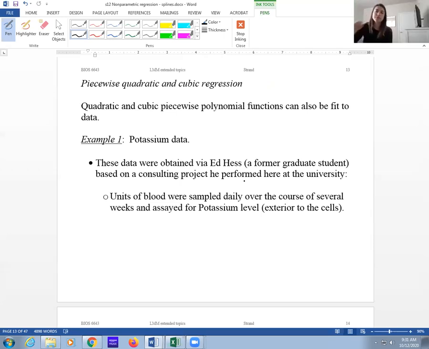So those are ways that you can do it, based on what you already know. But there are also methods out there that will tell you where the knot should be. They'll search for them and figure that out for you, and may also indicate the number of knots that you would need.